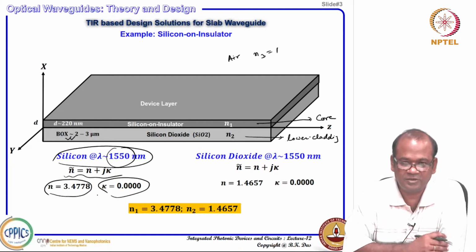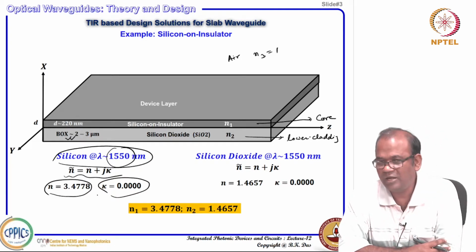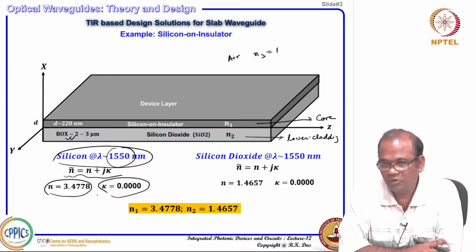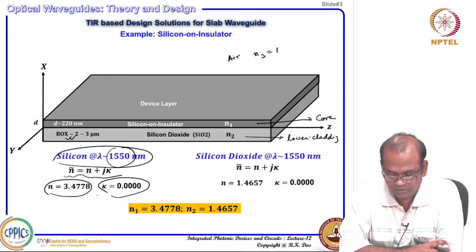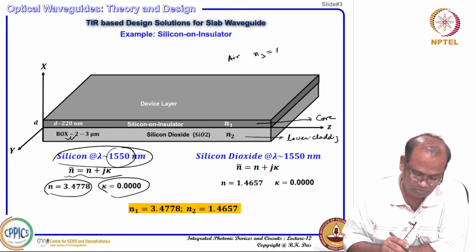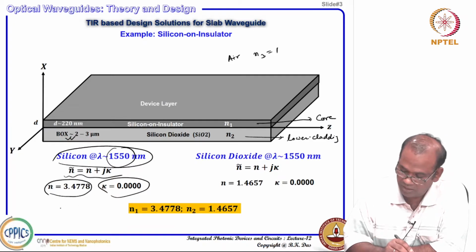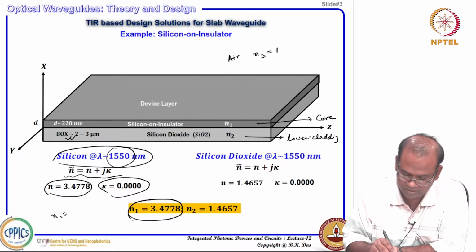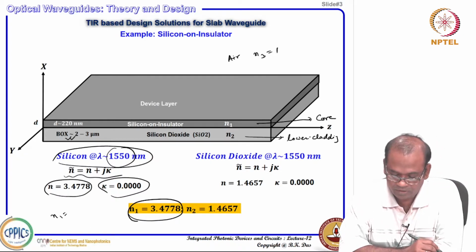So it is transparent around 1550 nanometer, typically above 1.12 micrometer wavelength. That is actually shown. So that means we are now set with N1 as 3.4778. Okay.